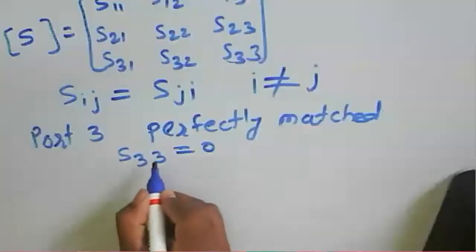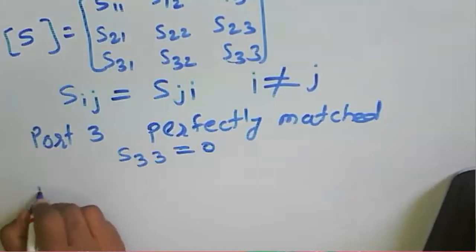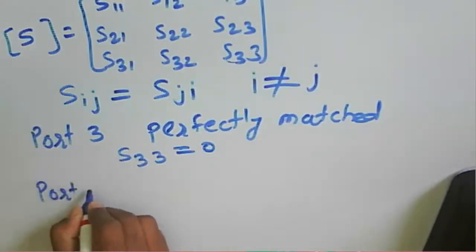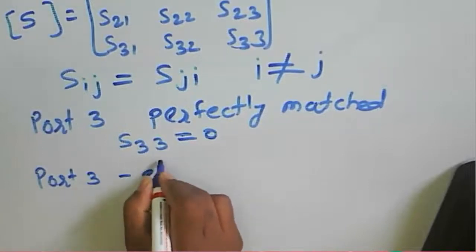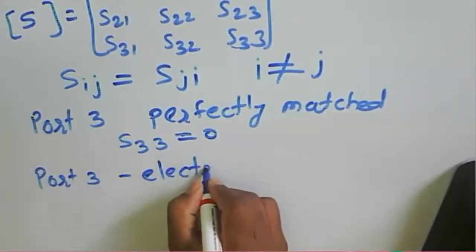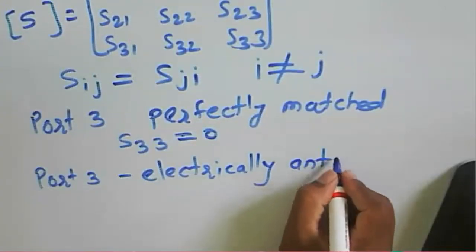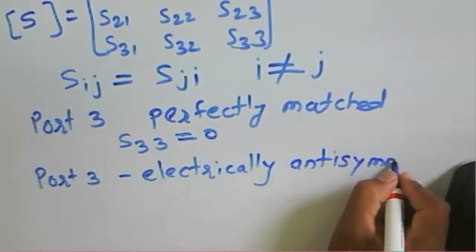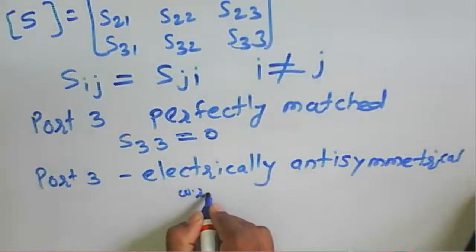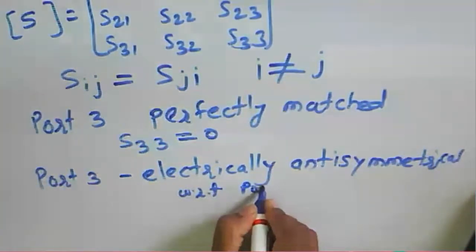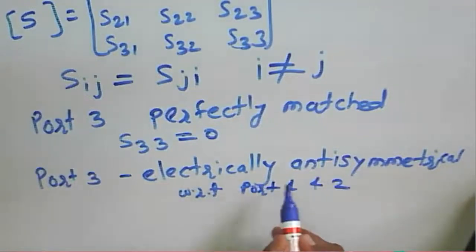Next, another condition is that port 3 is electrically antisymmetrical with respect to port 1 and port 2.